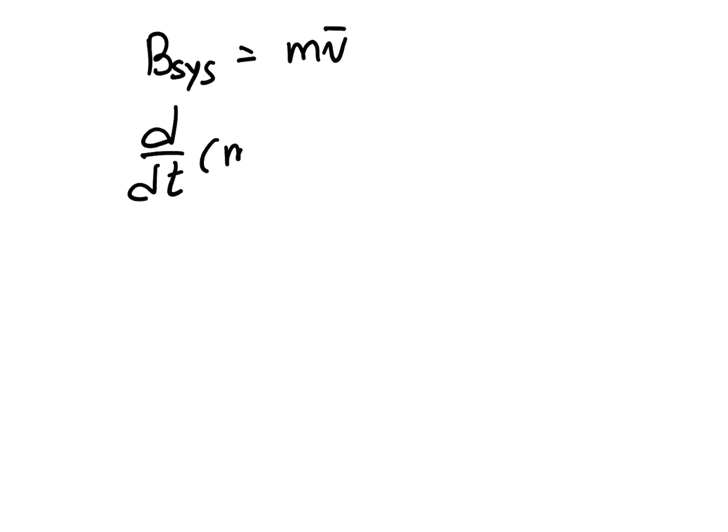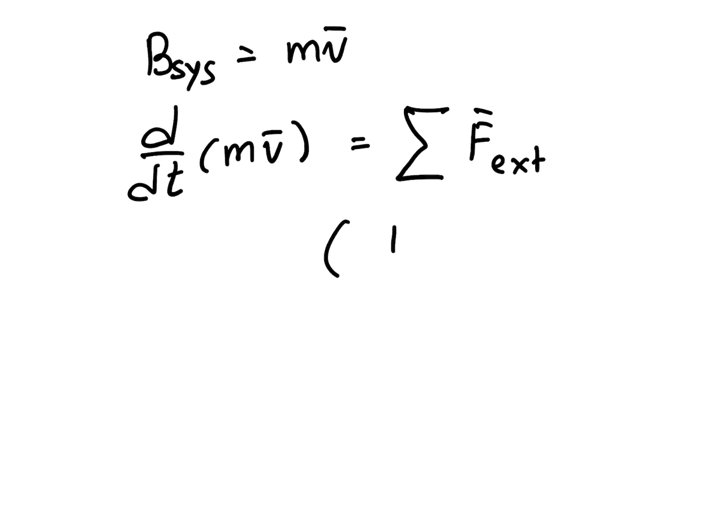Now, I told you that our B system being mv, what is d over dt of mv? According to Newton's second law, this is the sum of all the external forces acting on the system.